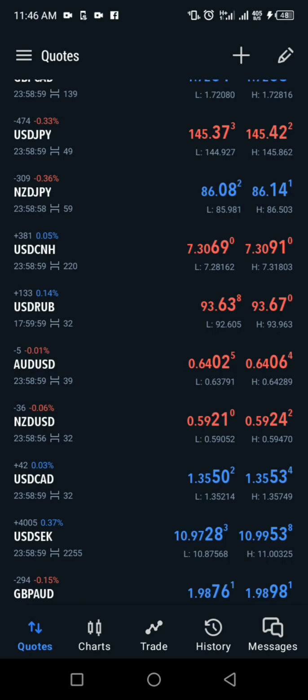Everybody knows the Australian dollar is weaker than the United States dollar, but instead of coming as the quote, it is coming in the base spot. Now if you look at the chart, you see 0.6402. That means you don't even need to have up to $1 to get 1 Australian dollar.